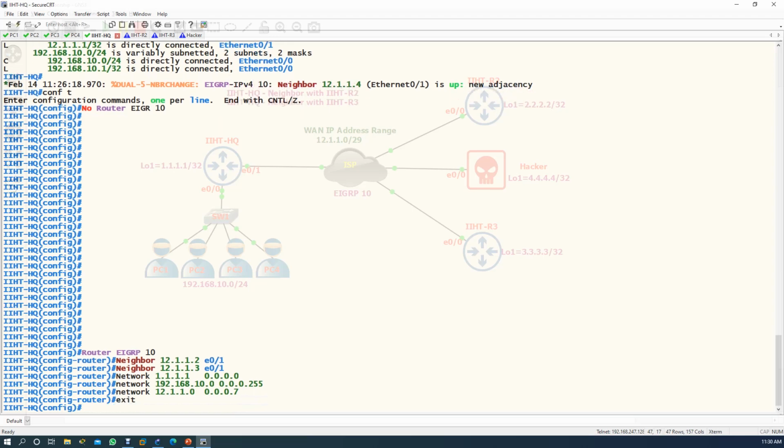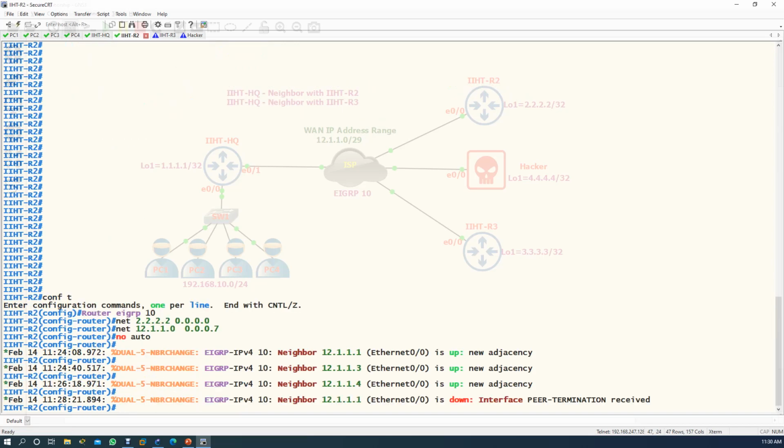What extra command have we added? This only, right? Yes.